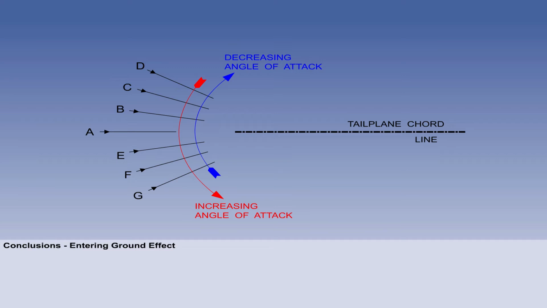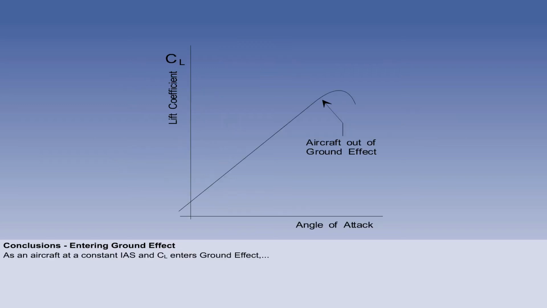Increasing downwash, G to D, gives a decrease in tailplane effective angle of attack, and decreasing downwash, D to G, gives an increase. It is important to understand the effect of changes in downwash on the tailplane's angle of attack, but vital to understand their influence on pitching moments.